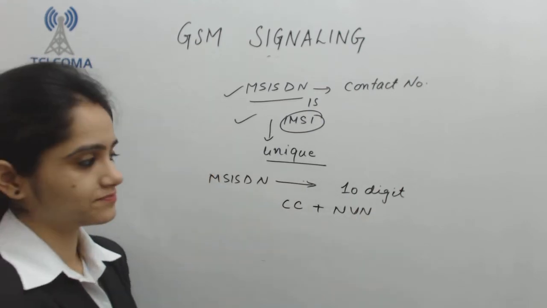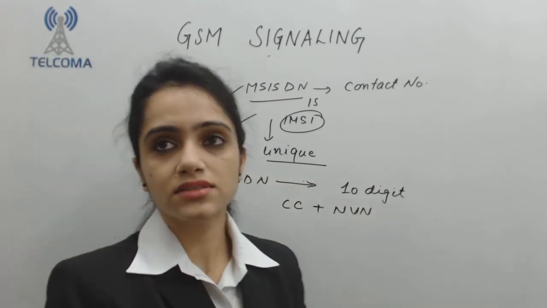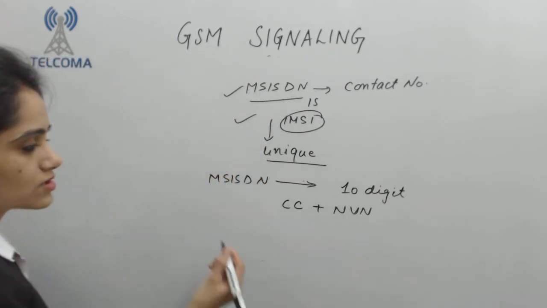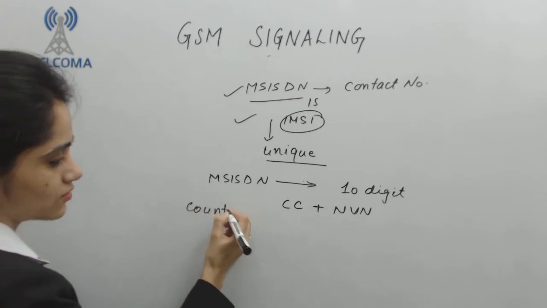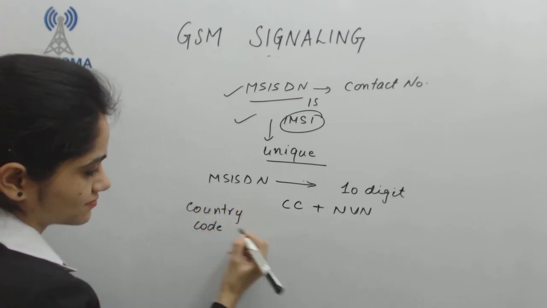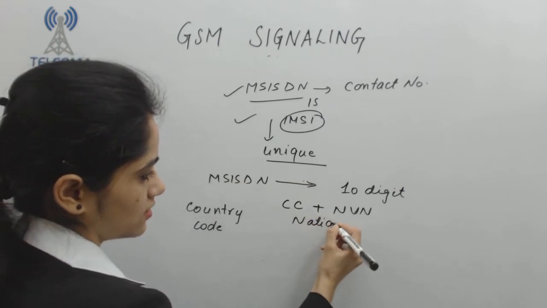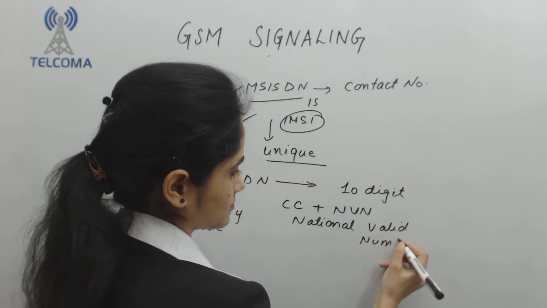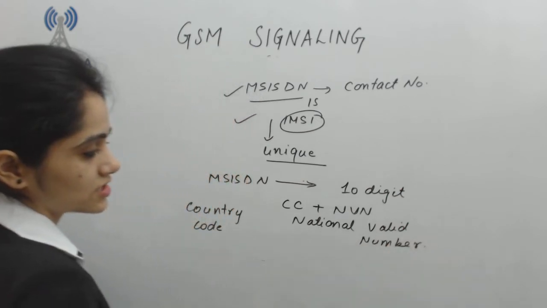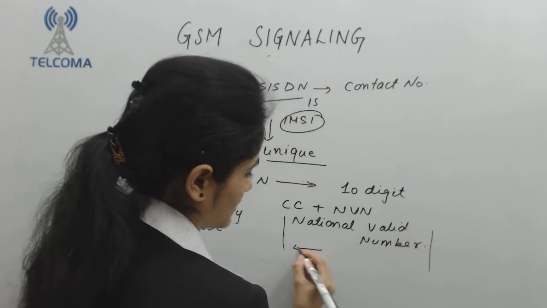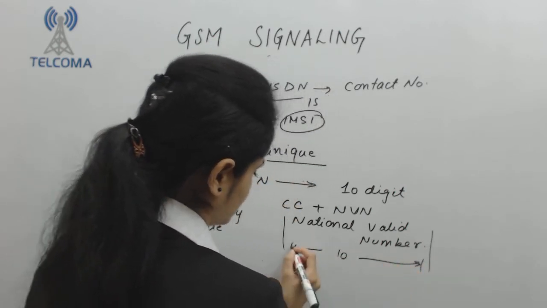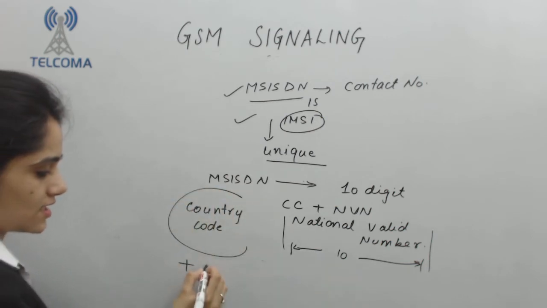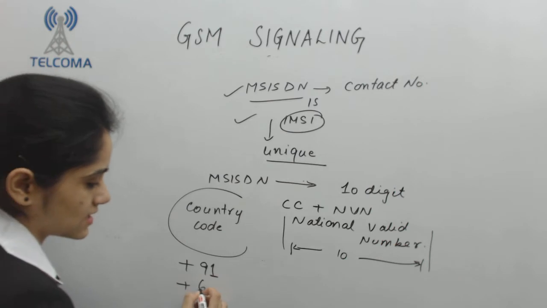CC plus NVN. I will tell you why these numbers are required, because with the help of these numbers only we can locate a user. Here CC is my country code and NVN is the national valid number. The national valid number itself is 10 digits, whereas the country code depends, like +91, +61.